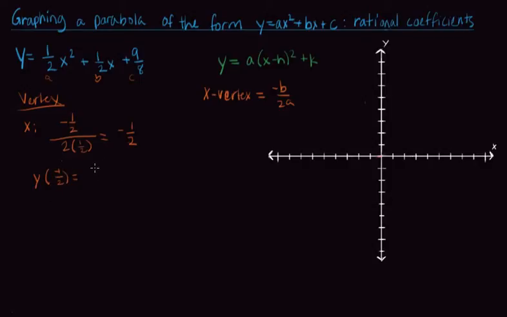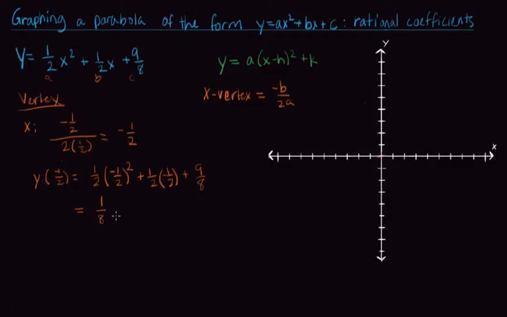is 1/2 times negative 1/2 squared plus 1/2 times negative 1/2 plus 9 over 8. Okay, so now 1/2 times 1/2 is 1/4, times 1/2 is 1/8, and that negative goes away because we're squaring it.